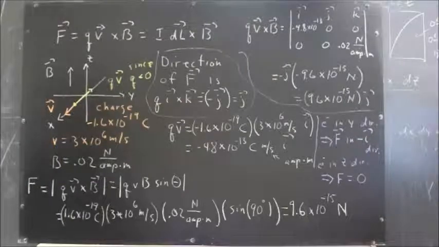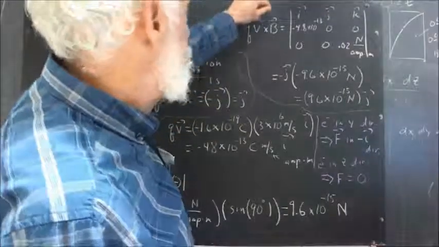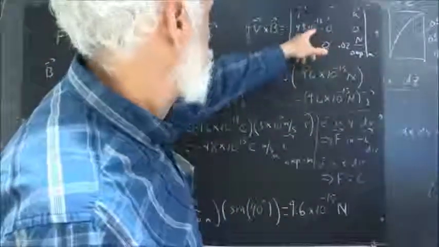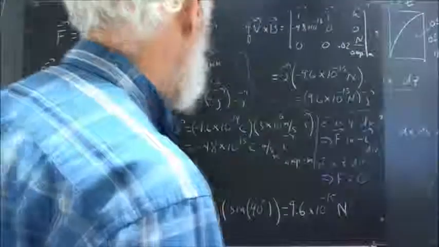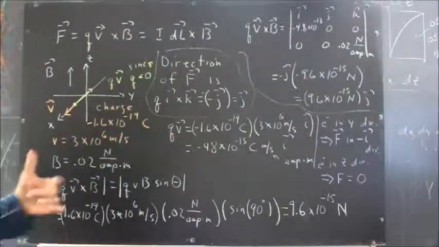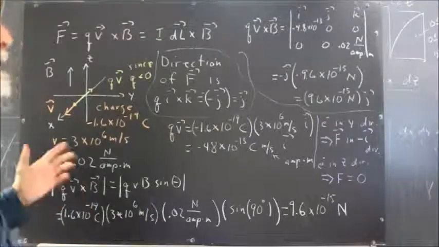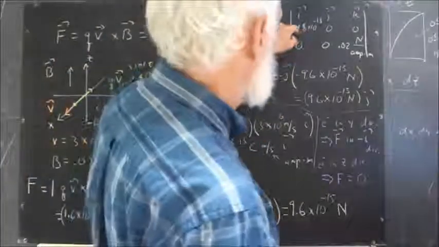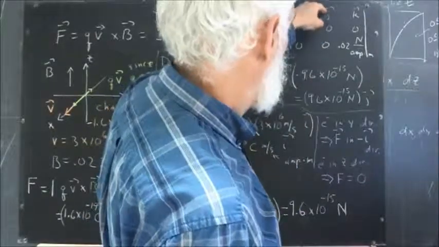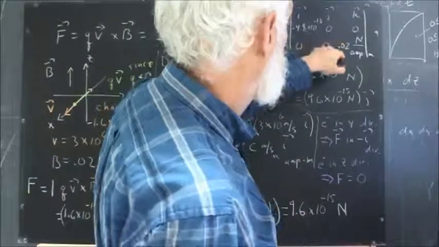We could also calculate qv cross B using determinants. I didn't have room to write in my units up here. My units would be coulomb meters per second, which would be amp meters, so that when multiplied by this, we get newtons. And we see that, well, we have j times this times this.